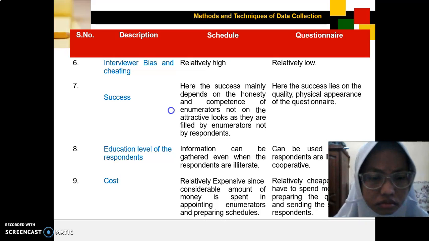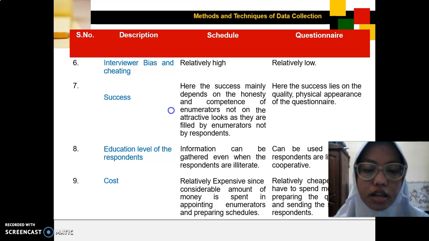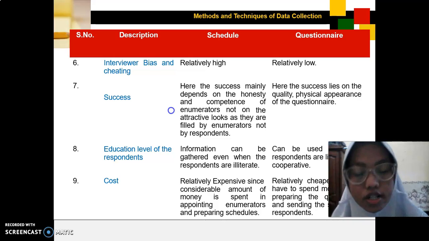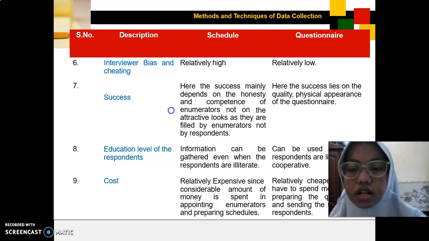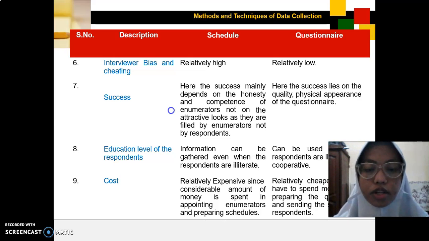Education level of the respondents. In schedule, information can be gathered even when the respondents are illiterate. But questionnaire can be used only when respondents are literate and cooperative. Lastly, cost.